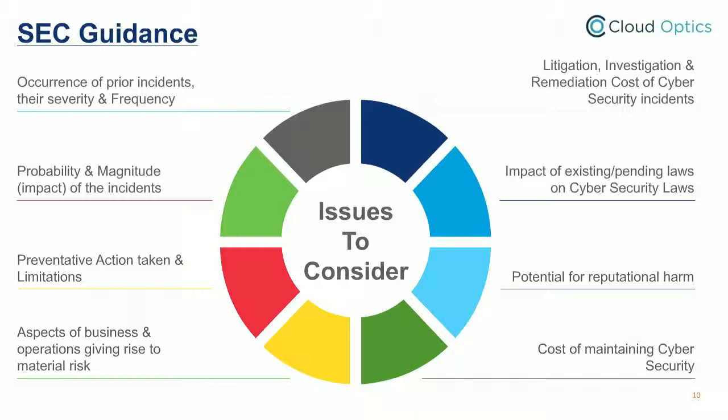Then, aspects of business and operations giving rise to material risk. So there may be certain aspects of business operations, say for example, third-party vendor onboarding, which requires maybe a smaller checklist and a due diligence portion before they get onboarded, right?